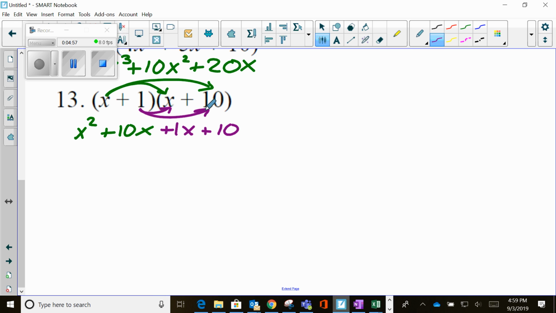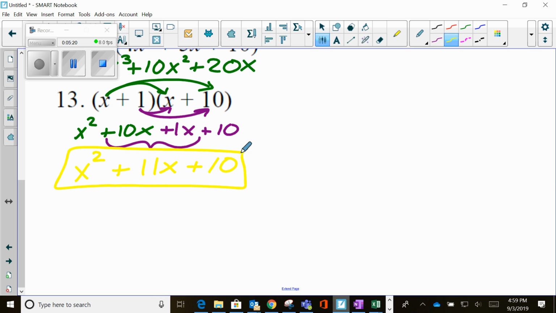That way I don't get confused, just as I am making sure I use the distributive property properly to both terms. So now that I have my multiplication done, I have to look for like terms, and I have two like terms sitting right in the middle. So I end up with x squared plus 11x plus 10. This is my final expression after multiplying the binomial times the binomial.